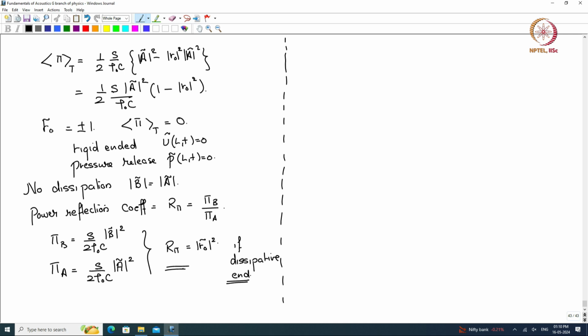Okay. So another situation is where I have again a one dimensional duct where there is a power incident. This is equal to incident power.